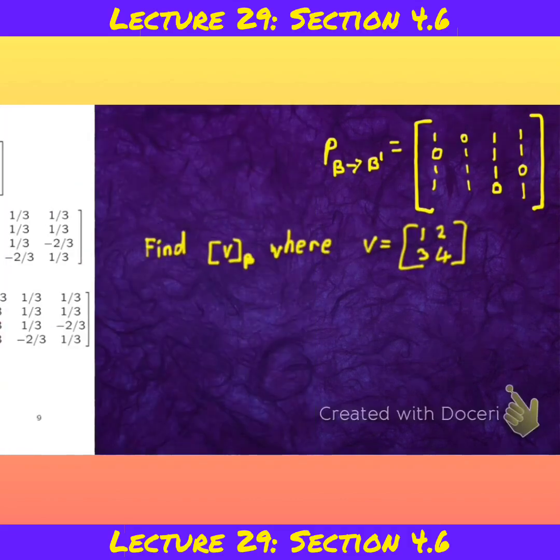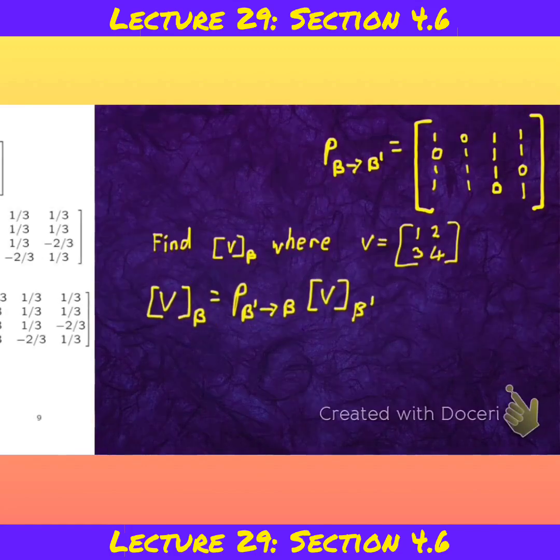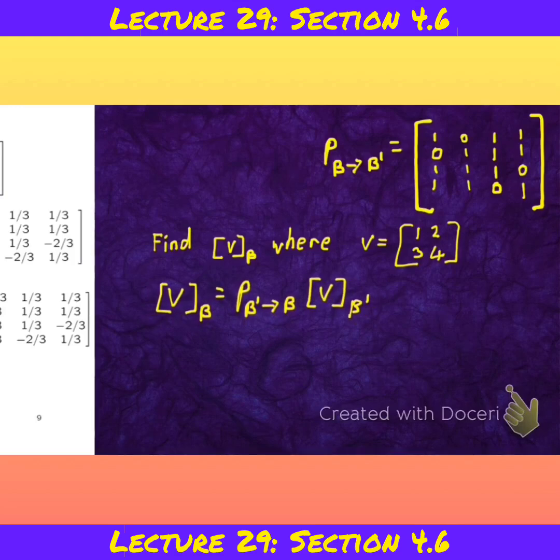Okay, for interest's sake, let's go and find the coordinate vector of V with respect to the basis B. And V is given as the vector 1, 2, 3, 4. We have that formula for the coordinate vector of V with respect to B, and it's given as that.